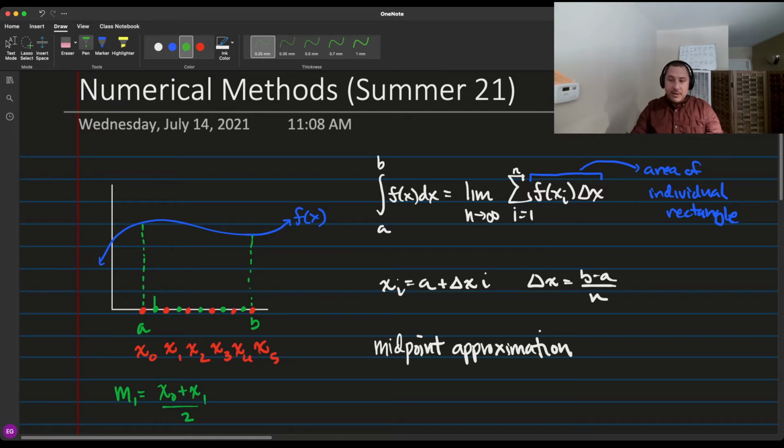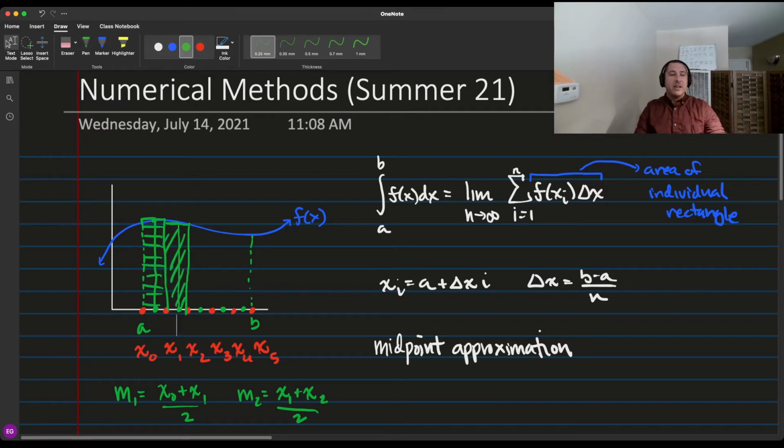This first point right here, where you determine the height, it's the middle of x0 and x1, so it's the midpoint. The second midpoint is going to be the average of x1 and x2, and so on. So you draw it, and you get the first one, which would look like this, and the second one which would look like this.